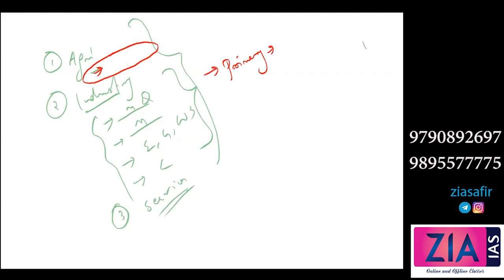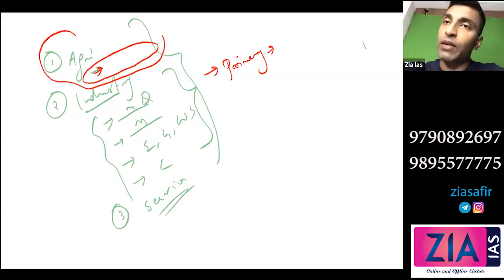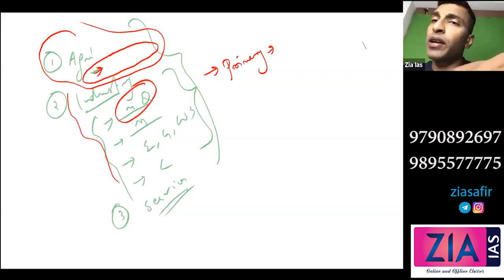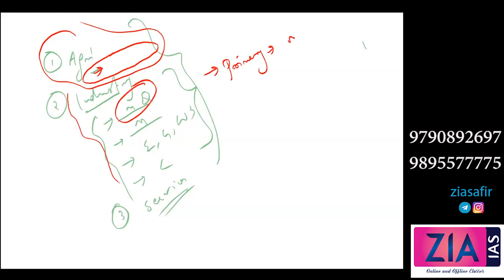From agriculture and allied activity, when we talk about the agriculture sector, that will be in the primary sector. But from industry, one more will come. What is that? Mining and quarrying. Why is it coming in primary?